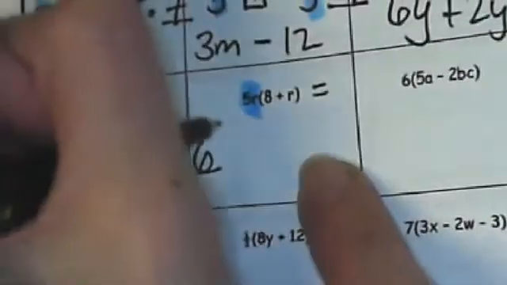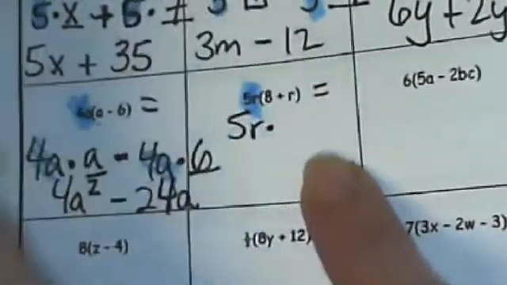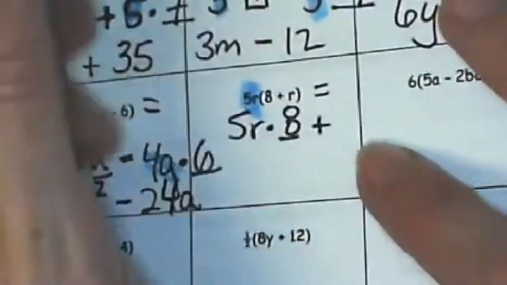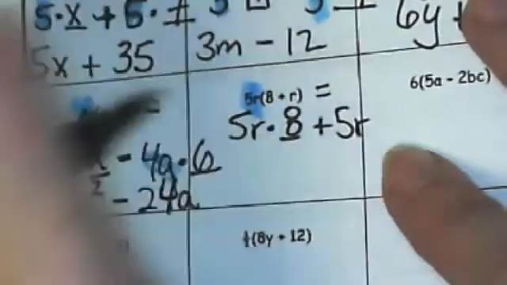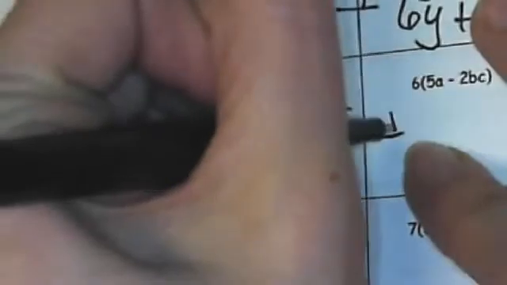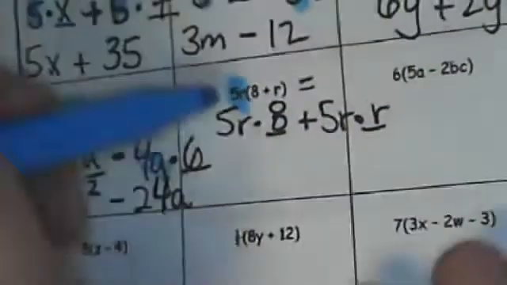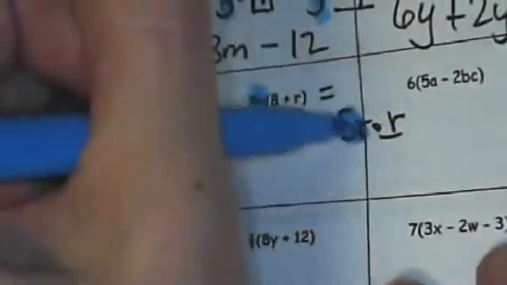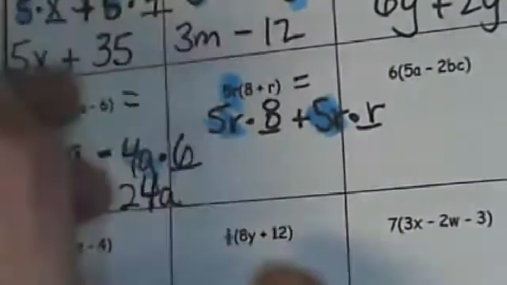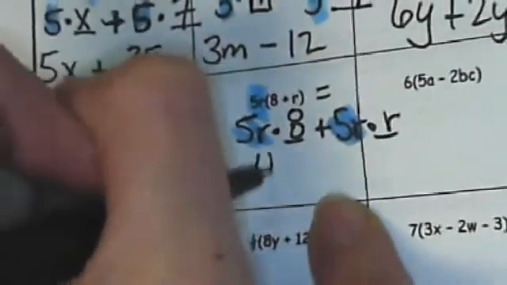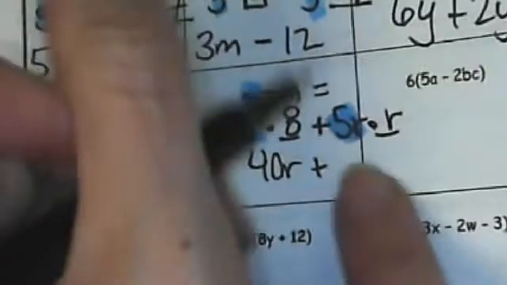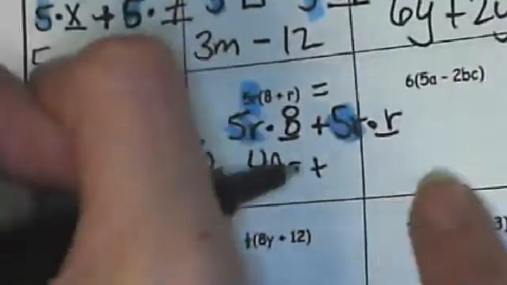I'm going to write 5r times whatever's inside the parentheses, plus 5r again, which is outside, multiplied by whatever is inside the parentheses, which is r. So whatever is written twice is whatever is outside the parentheses. And I can simplify this further. So this is 40r plus 5r times r, which would be 5r squared.